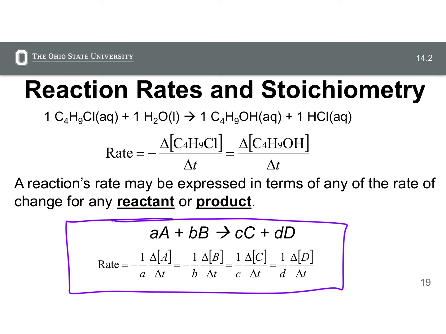There's a question. Oh, yeah, so when you write the reactants, are you always going to write that as negative? Yeah, in this type of expression, you're always going to write that as a negative sign, if you're relating it to a product, especially. Now, I will say the rates are always given as positive values. So you may see a problem where it says the rate at which the reactant is reacting is 5 moles per liter per second.